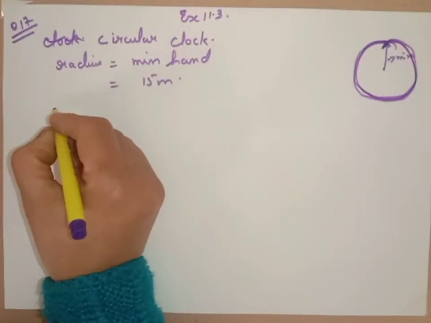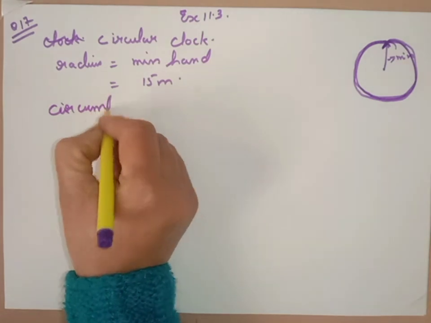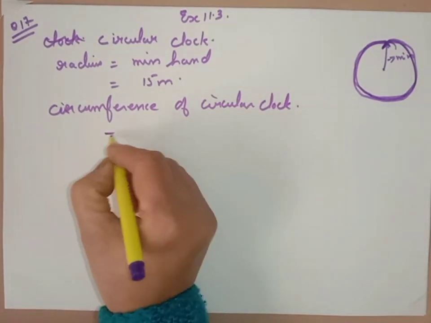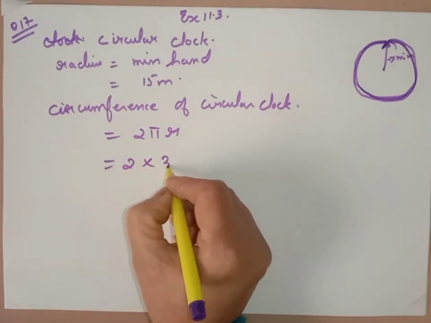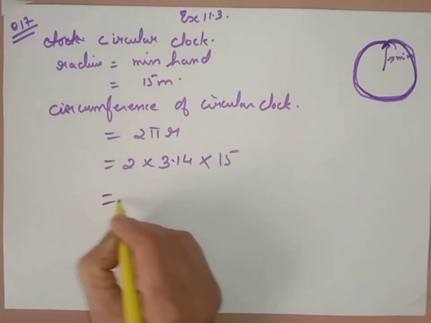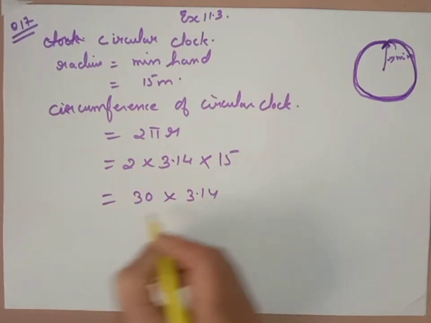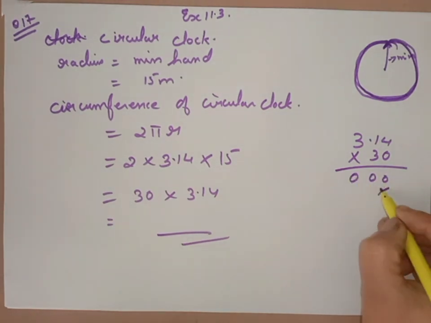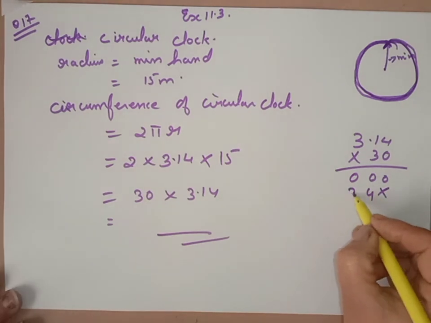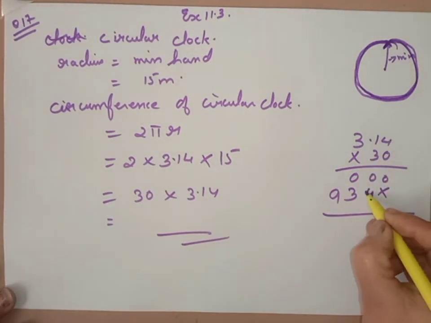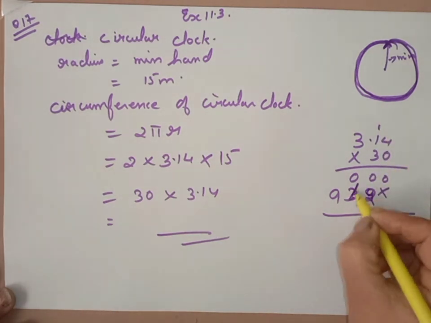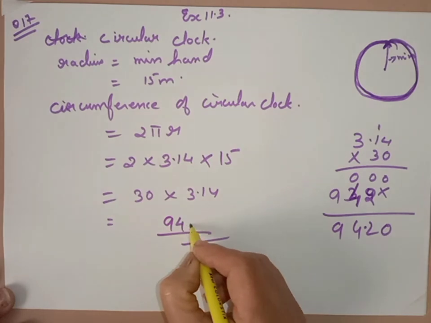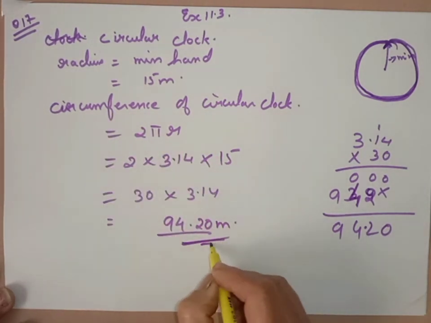The circumference of the circular clock is 2 pi r, and this time the pi value is given 3.14 and the radius is 15. 2 into 15 is 30, into 3.14. 3 3s are 9, 3 4s are 12, so 94.2 is the circumference, in centimeter. This is your final answer.